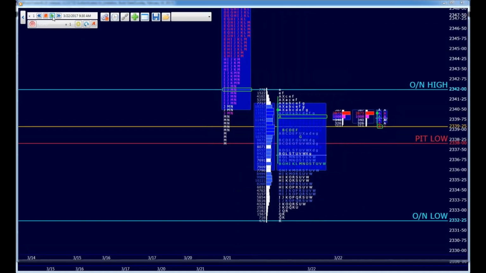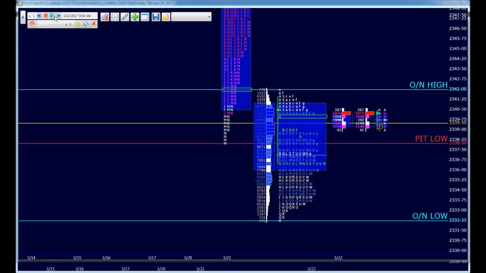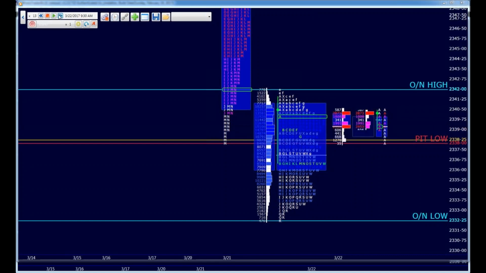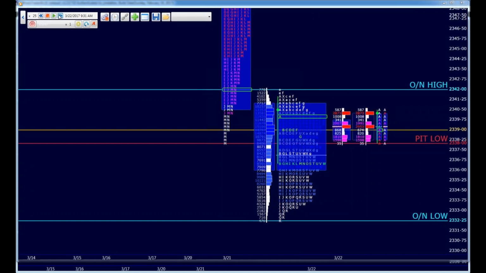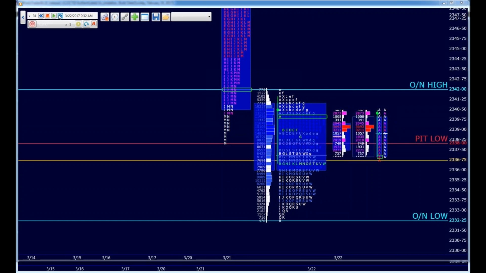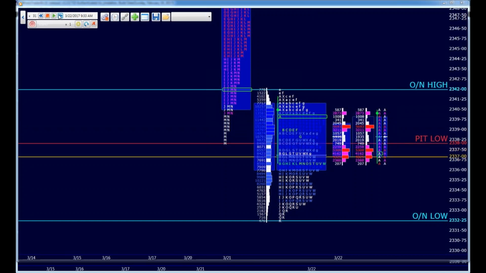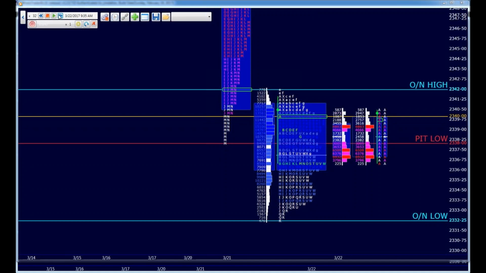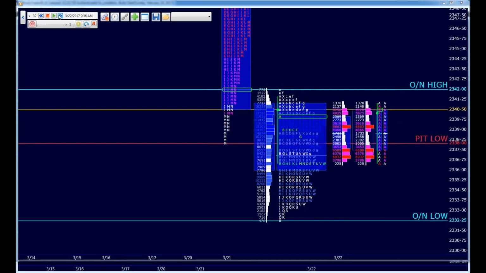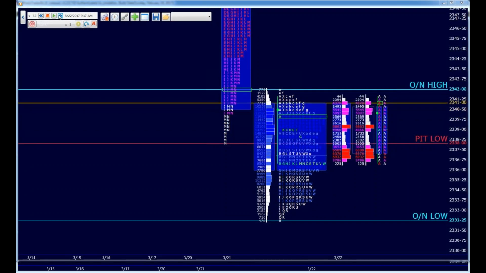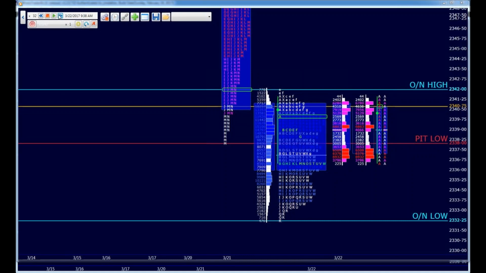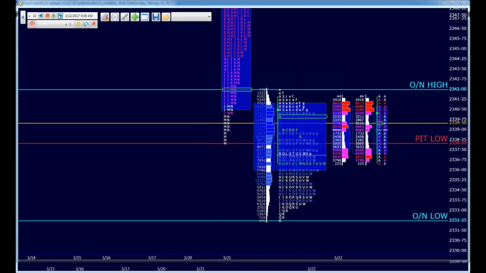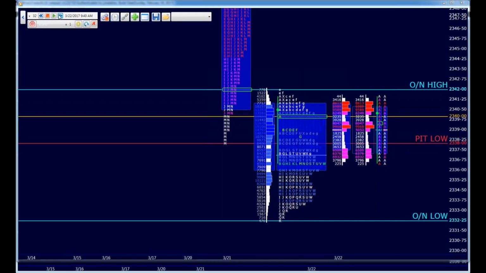Okay, so you see the market open. It opens within yesterday's range, trades off exactly to the overnight low. It bounced, and it trades off again. Comes back in, takes the pit low out. Comes back in again, and notice it stops just short of unchanged, which is the blue line here.